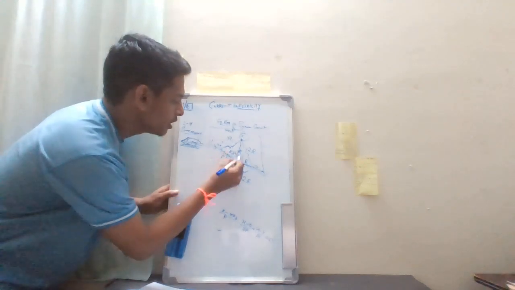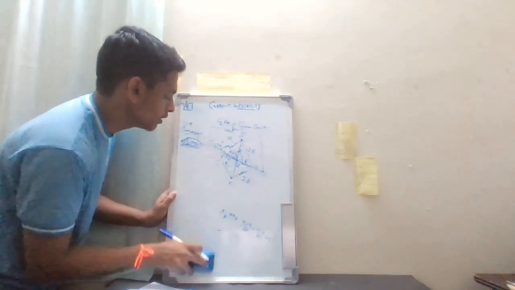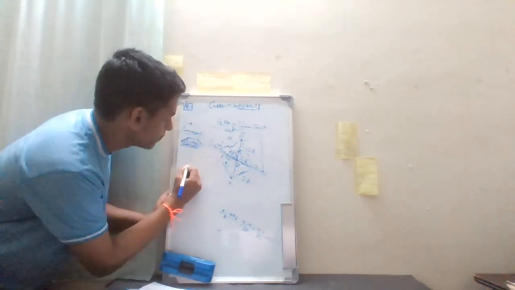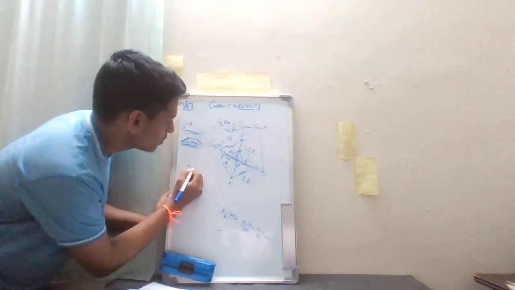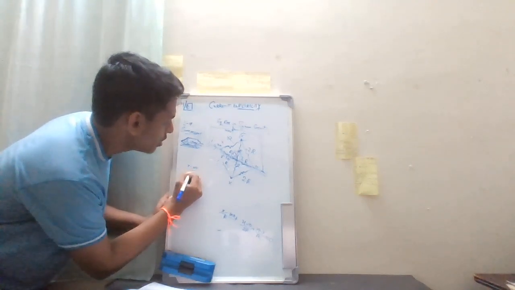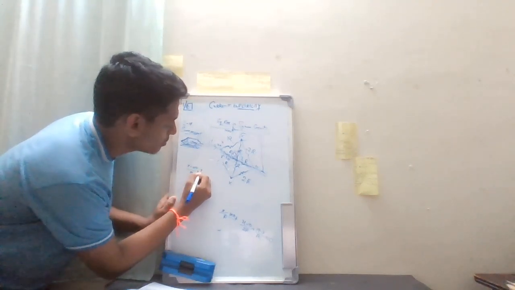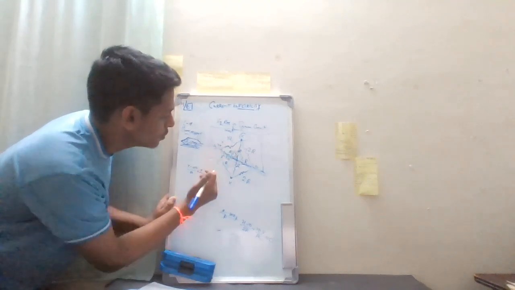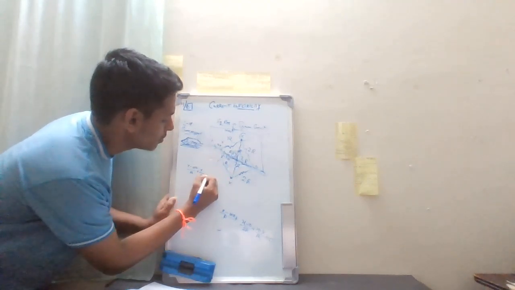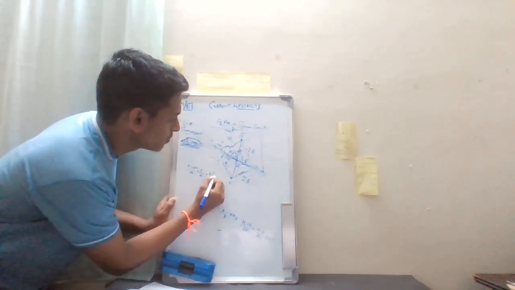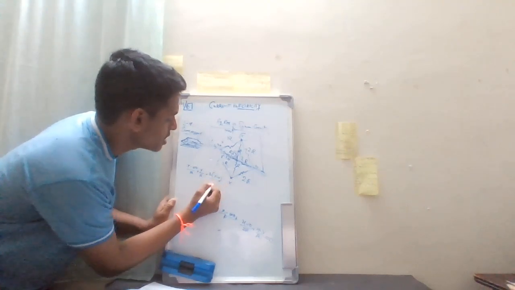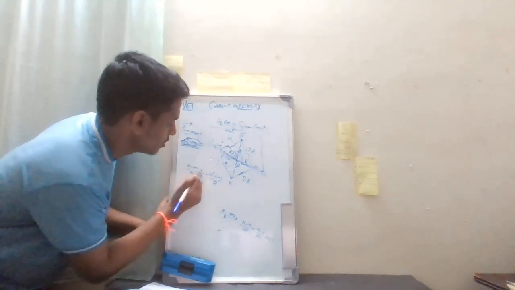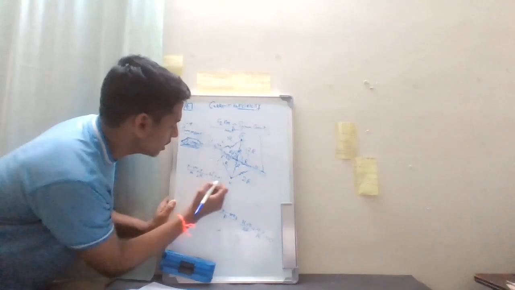Now, if we apply KCL here, that would be Y minus 100 by R plus Y by R minus 0 by R and 2 times Y minus X by R. This would be 1 minus 0 by 2.